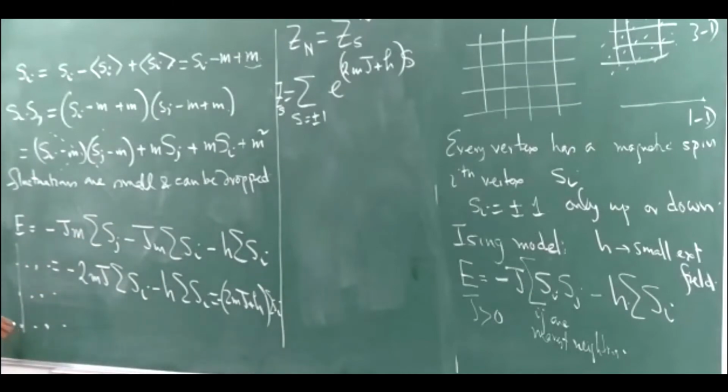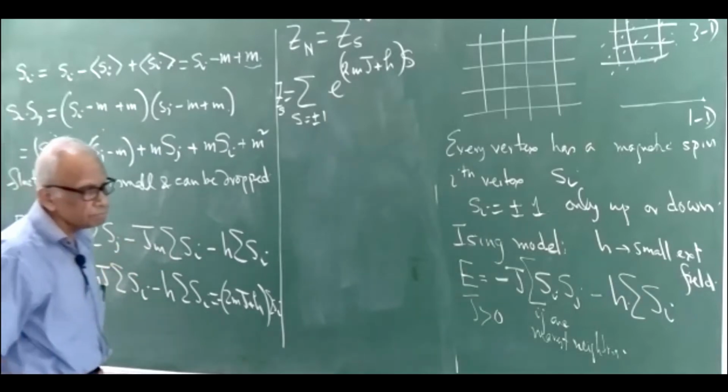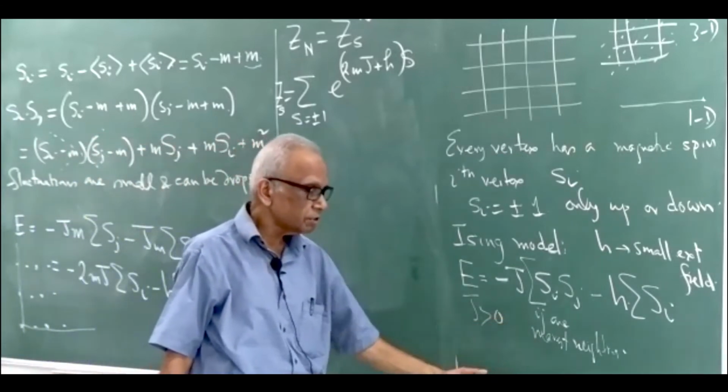There is one term which looks like this, another term which sums over there. So you are looking at a couple of terms, which are J M S_j and J M S_i, summed over the nearest neighbors over here.